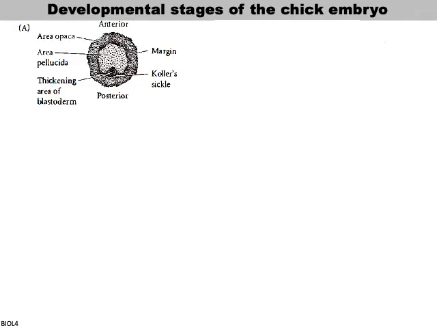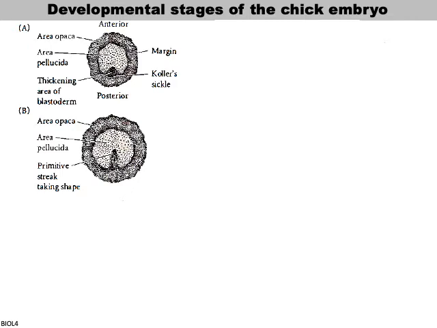In this slide, we summarize the developmental stages of the chick embryo. You can see the start of thickening at the posterior edge of the area pellucida, which is the posterior region of the blastoderm. Soon after that, this thickening starts to migrate to the anterior, forming the primitive streak, which takes shape while migrating to the anterior.